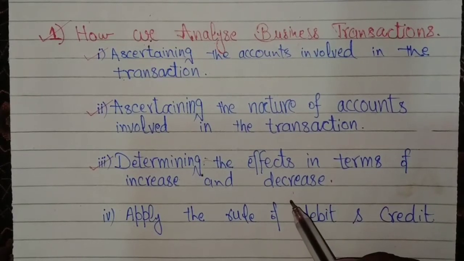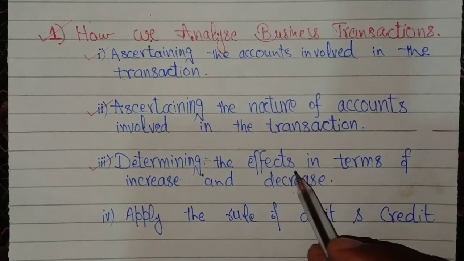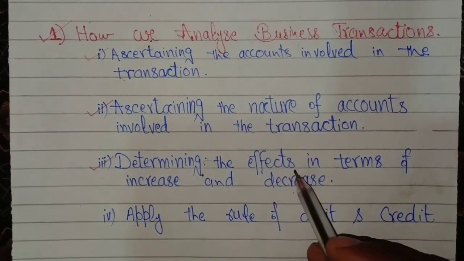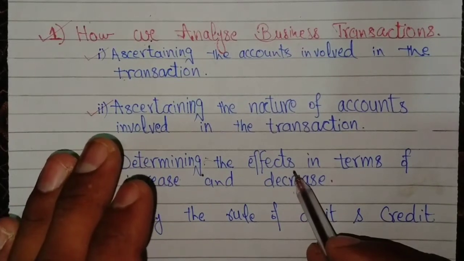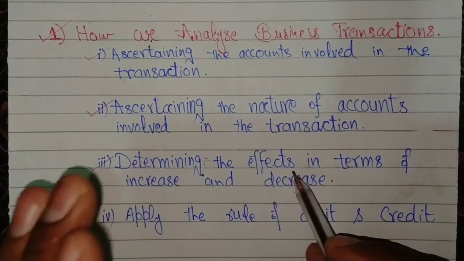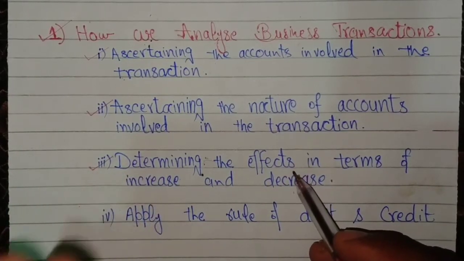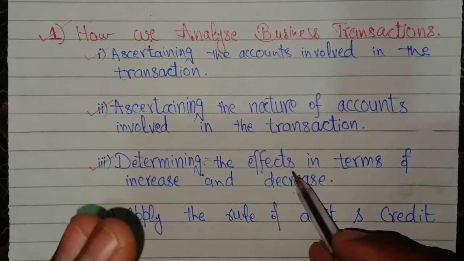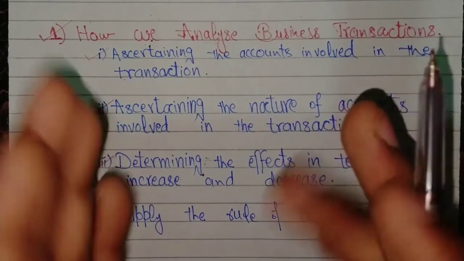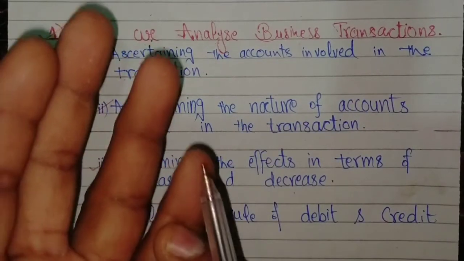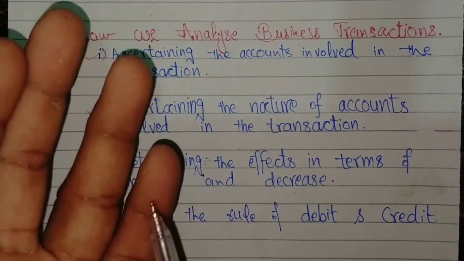After ascertaining the nature of accounts in step 2, we determine which account is increasing and which one is decreasing as a result of the transaction being analyzed. It is necessary for the proper application of the rules of debit and credit on each account. In the above example, the two accounts involved are cash account and capital account. Both are increasing.